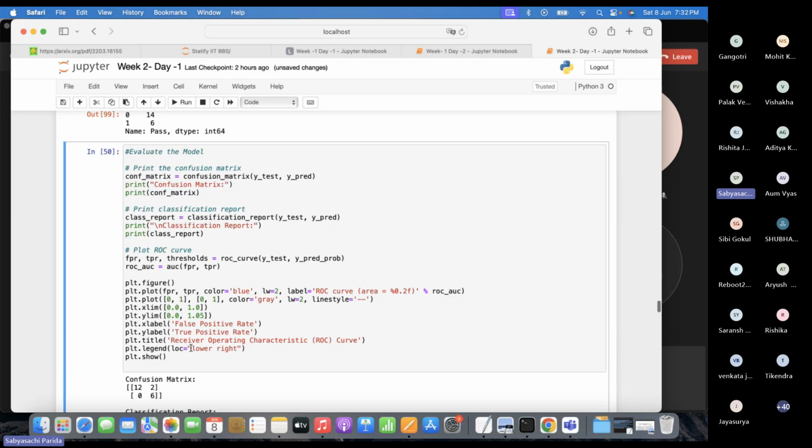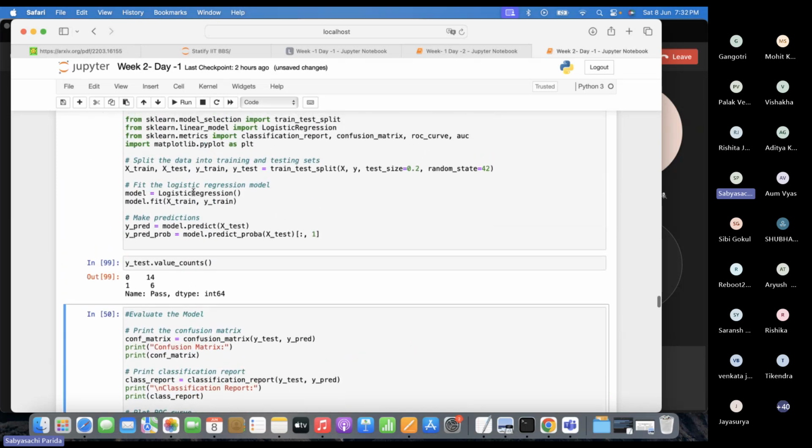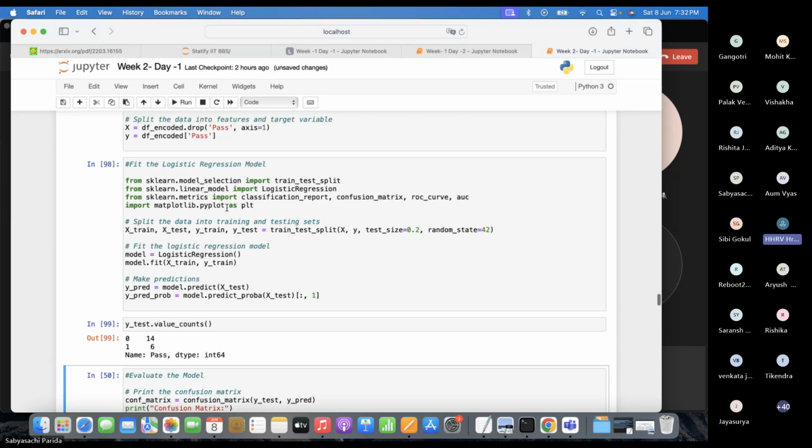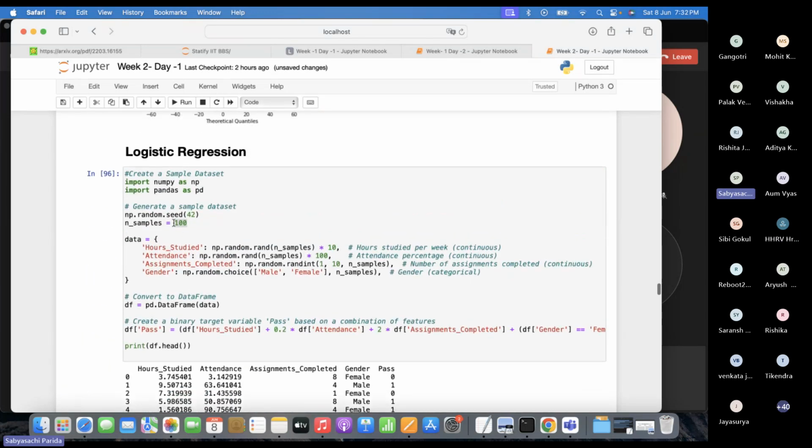Sir, you wrote np.random.seed and you wrote 42. What is the meaning of that? Yeah, so you can omit it. Because I am generating samples on the go, to maintain uniformity, that the same number of samples which I'm generating.